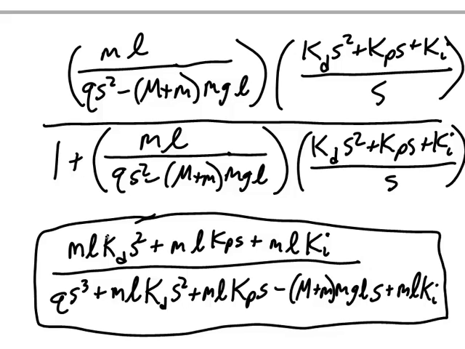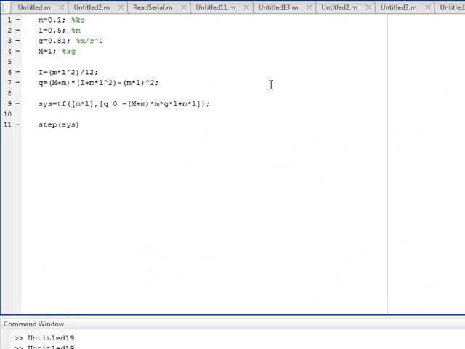I don't yet know what the values of Kp, Ki, and Kd might be, but that's okay. We'll do some simulating of the system and figure out what they should be. For now, I'm going to take this transfer function and put it into Matlab. In Matlab, I need to add my new constants that are now part of my system through my controller.